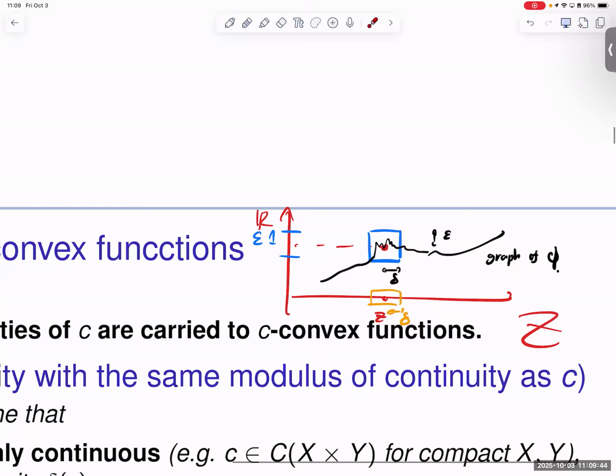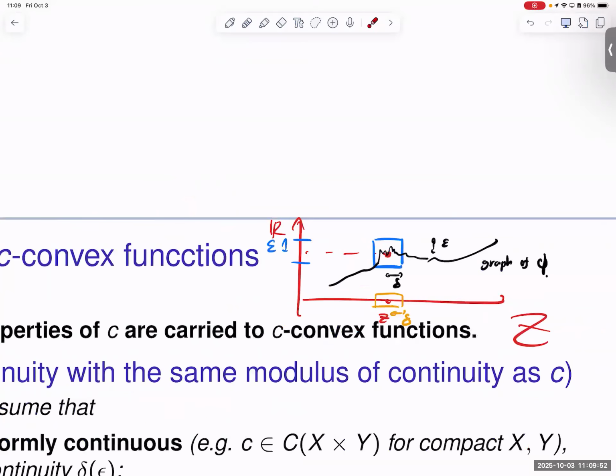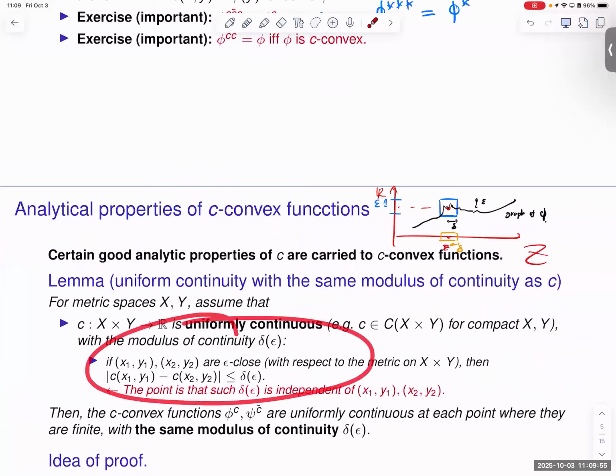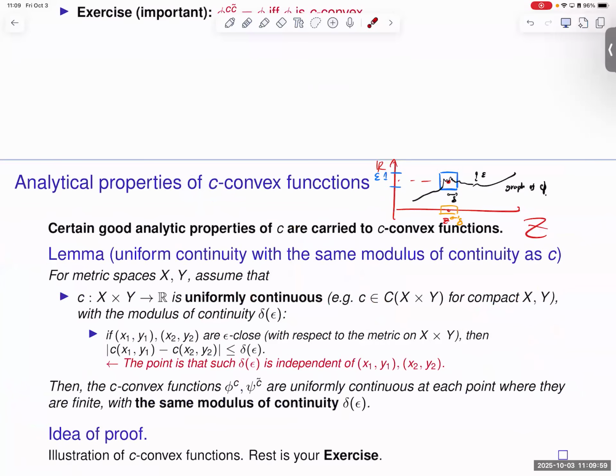But then uniform continuity means this choice of this delta depends only on epsilon, not on each particular point z. That is what is written here. Okay. And the good thing about the C convex function is this. If your C as a function on this product space is uniformly continuous, okay?